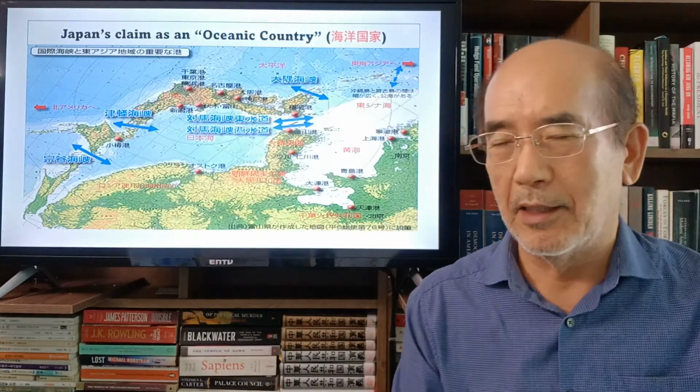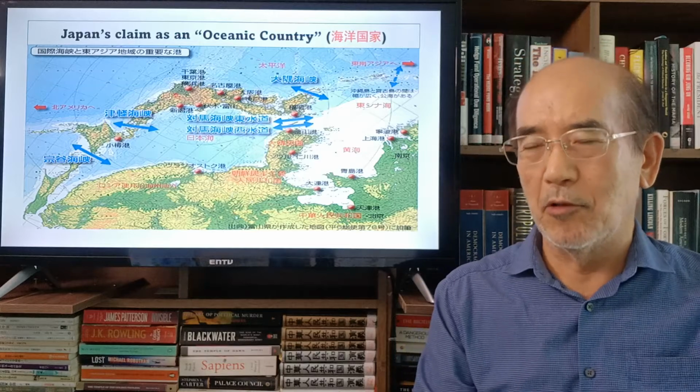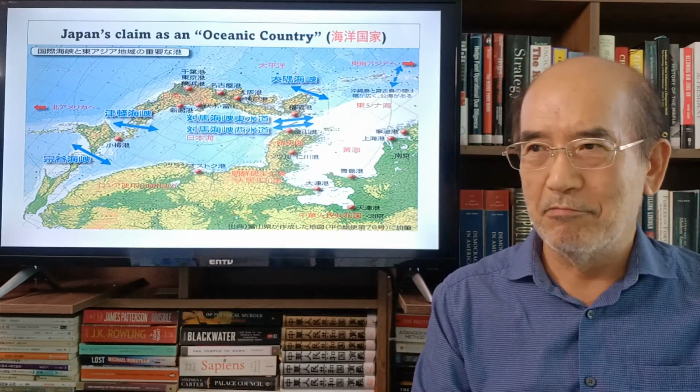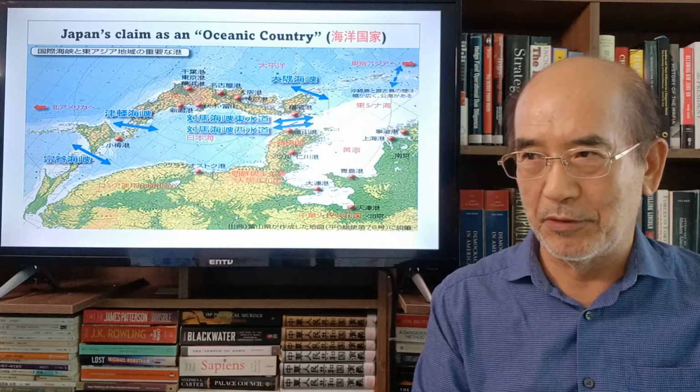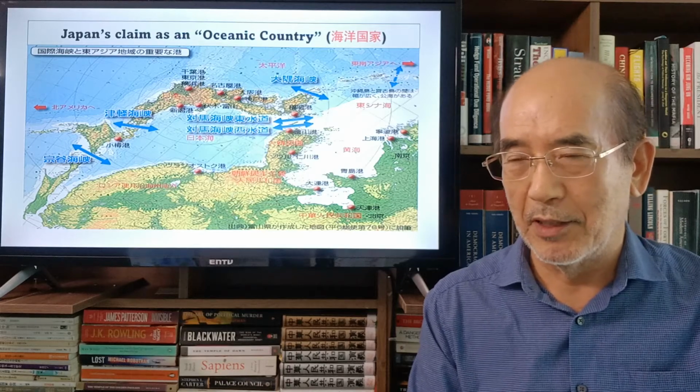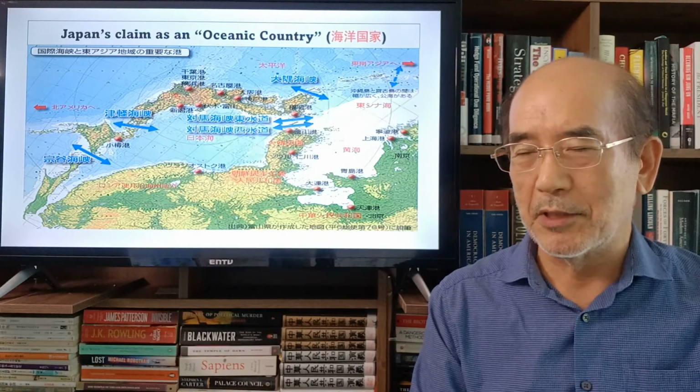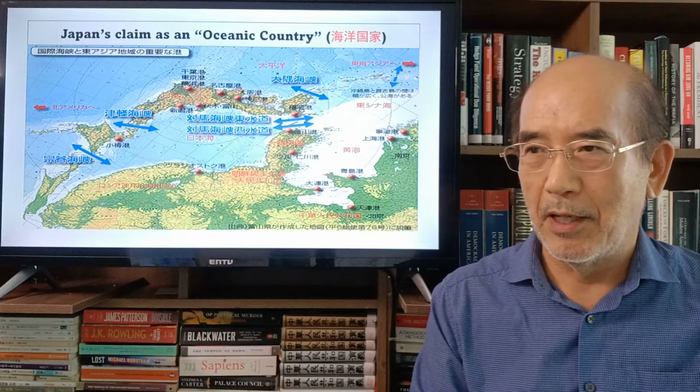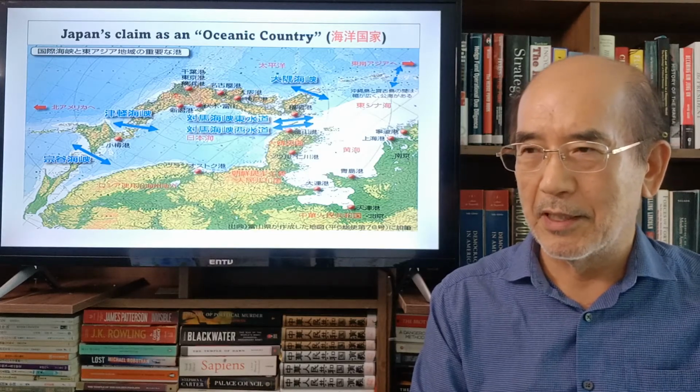In a sense, today we talk a lot about the Japanese notion of an oceanic country, Kaiyokoku. But if you look at this upside-down map, we really find interesting things.